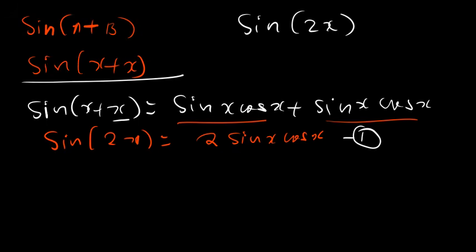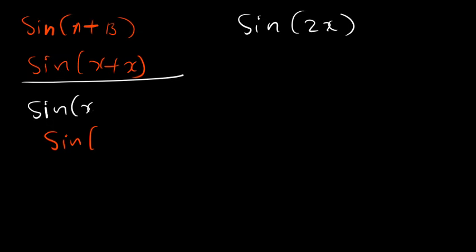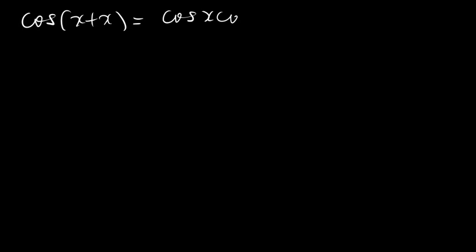This is the same for everything. If I go to cos, but before we go anywhere, let's first try to do something there. So if we go to cos x plus x, we know that cos it will be just cos x times cos x.